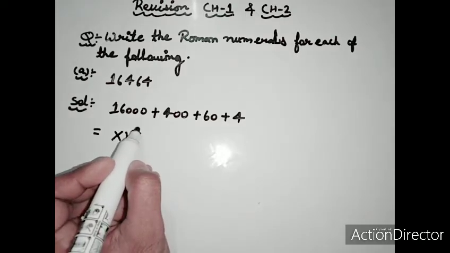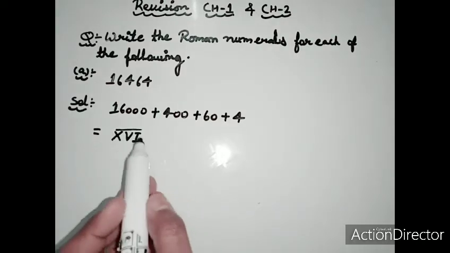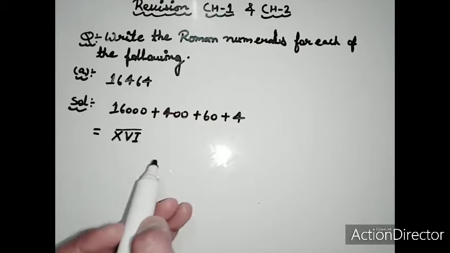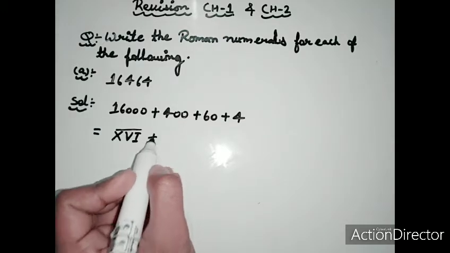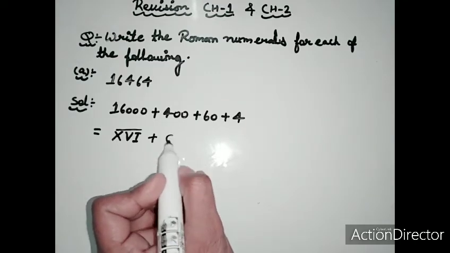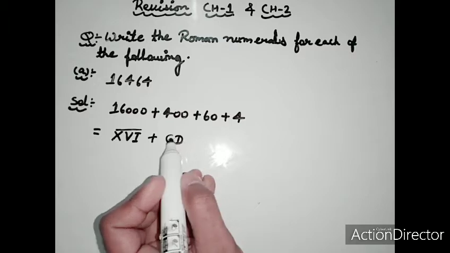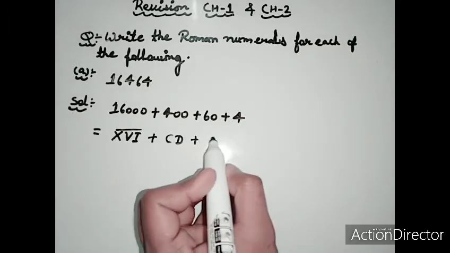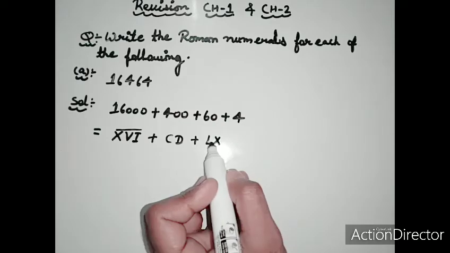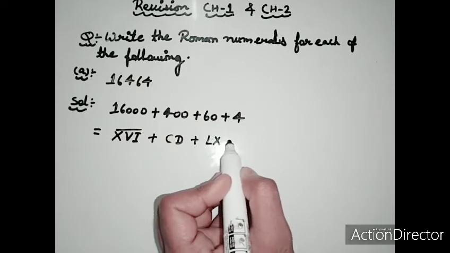Now here we use a bar on this number, and the bar means 1000, so 16,000, plus how we write 400. If we subtract 100 from 500 we get 400, plus 60, and we write 60 by using L and X. L means 50 and X means 10.